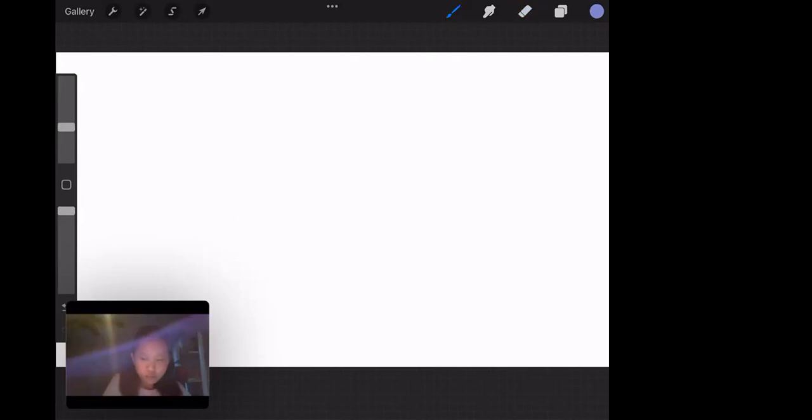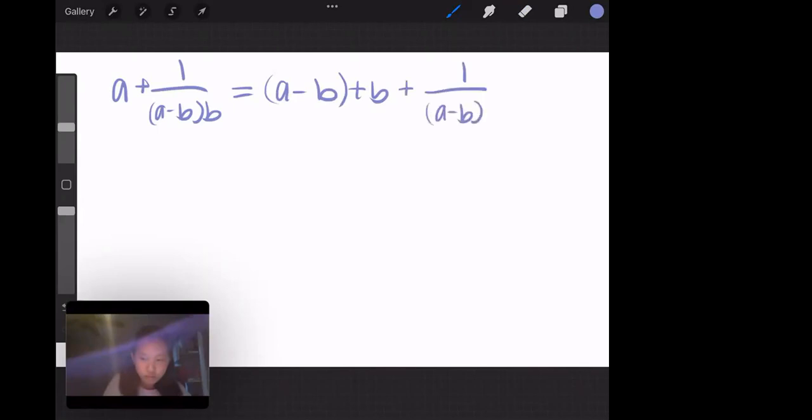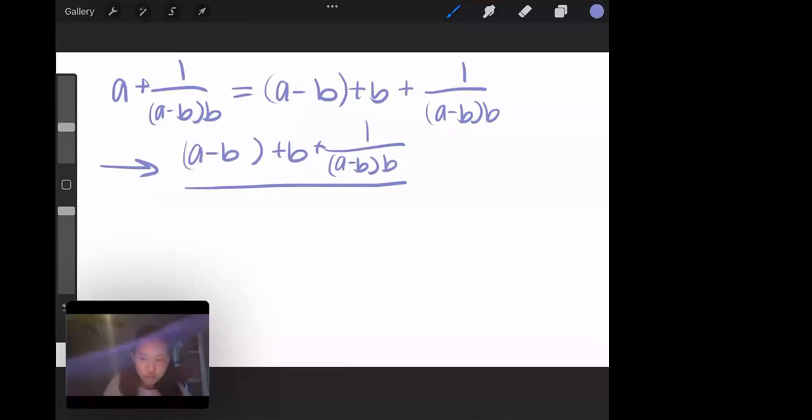Okay, so the expression is equal to A plus B plus 1 over A minus B times B. And you have to add B, yeah. So then we can apply the AM-GM inequality. So the arithmetic mean is just A plus 1 over A minus B times B over 2.